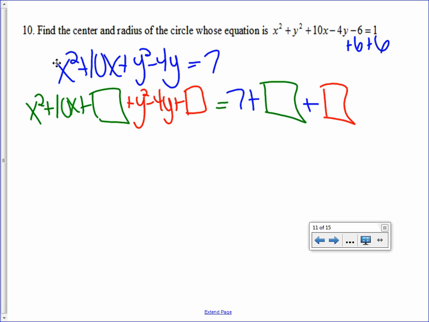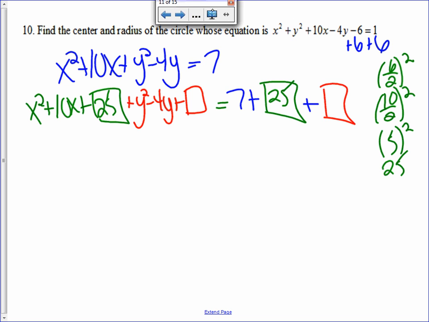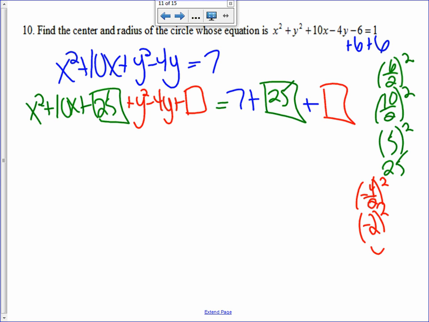So, to get the value that goes in the boxes, I do b over 2 squared. So for the x's, that's 10 over 2 squared, which is 5 squared, which is 25. Now I do it for the y's. For the y's, it's negative 4 over 2 squared, which is negative 2 squared, which is 4.